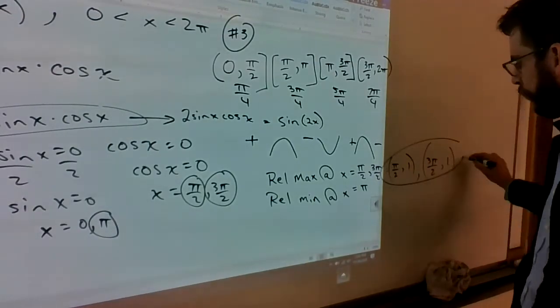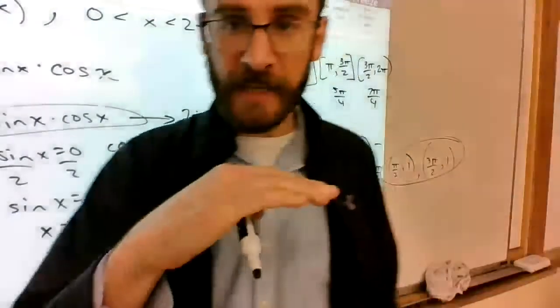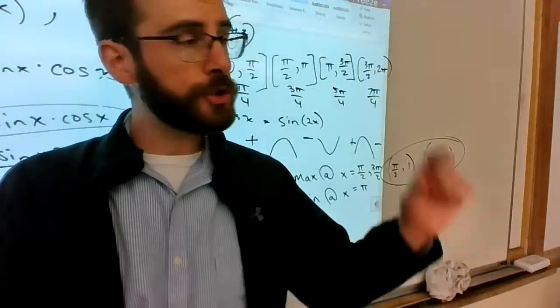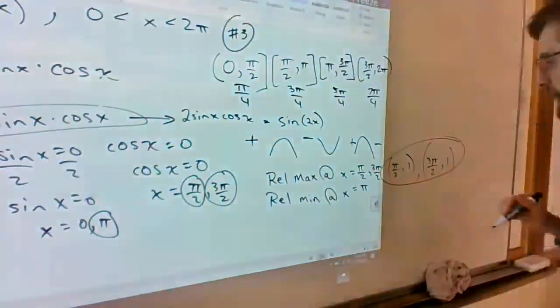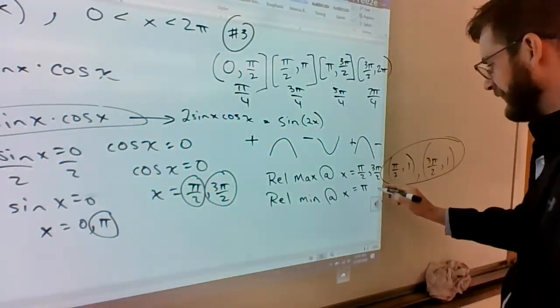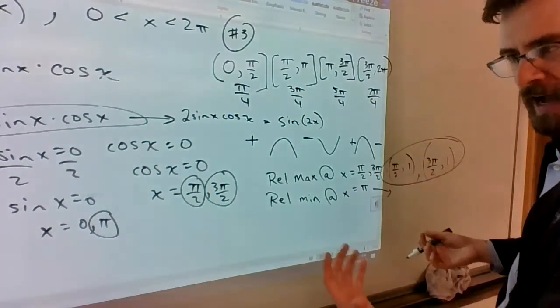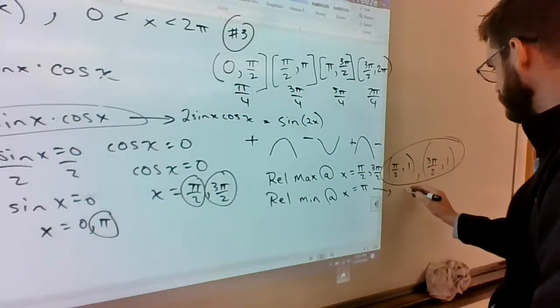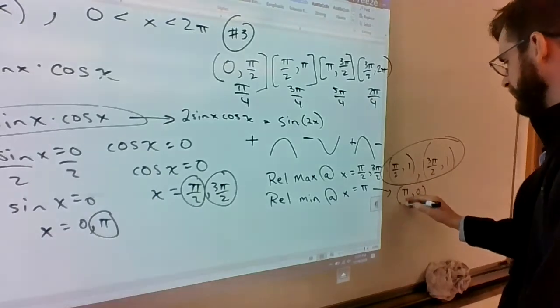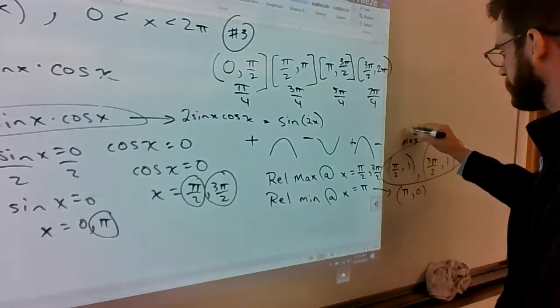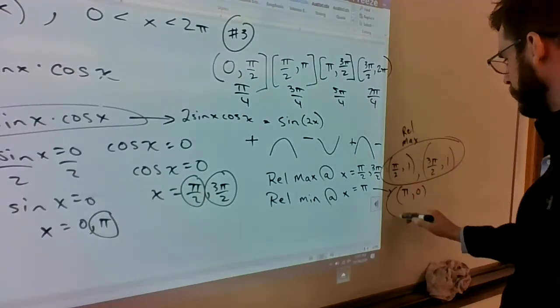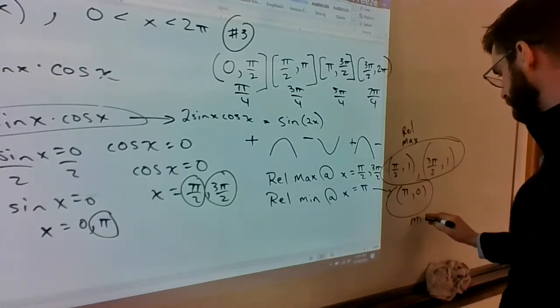So these are your points at which you hit your max peak over the course of 0 to 2 pi. You hit your minimum valley when you plug in pi. The sine of pi is 0. 0 squared is still 0. So these are your max. This is your min.